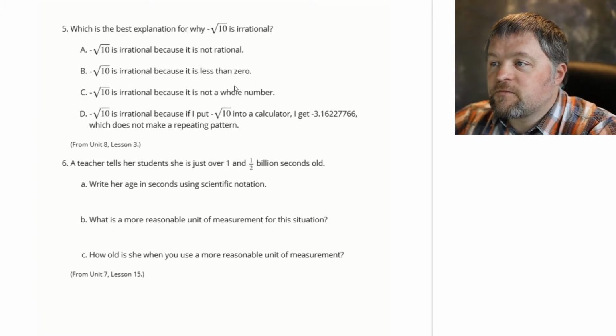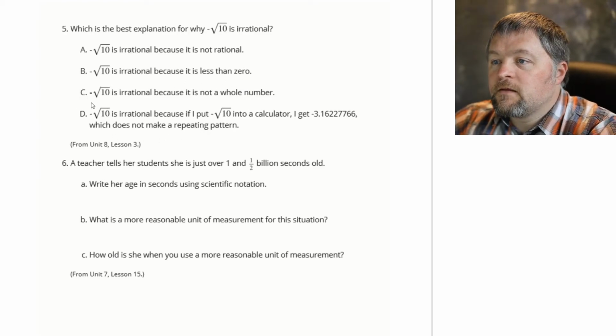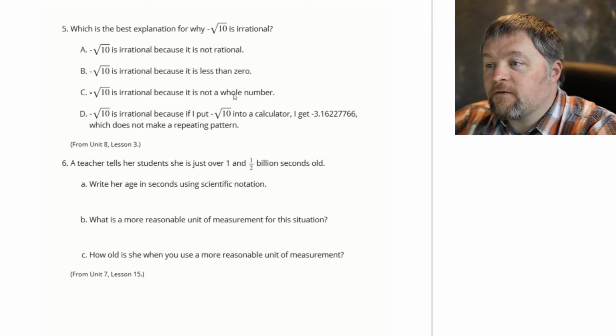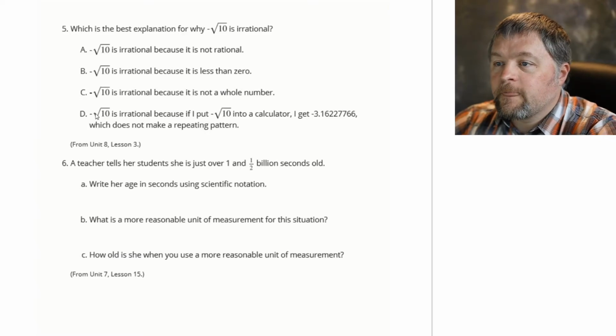Nope, irrational numbers can be more or less than 0. The negative square root of 10 is irrational because it is not a whole number. So that's true, an irrational number cannot be a whole number, but it could still be a fraction, so that doesn't tell us enough information.